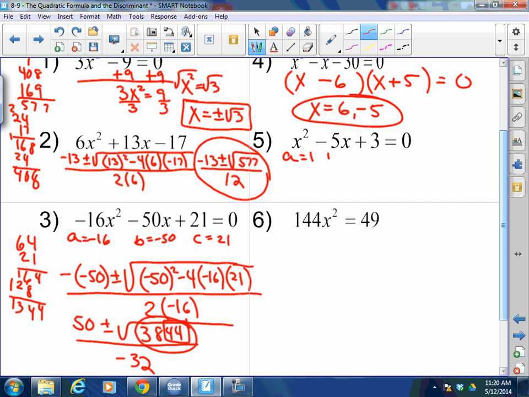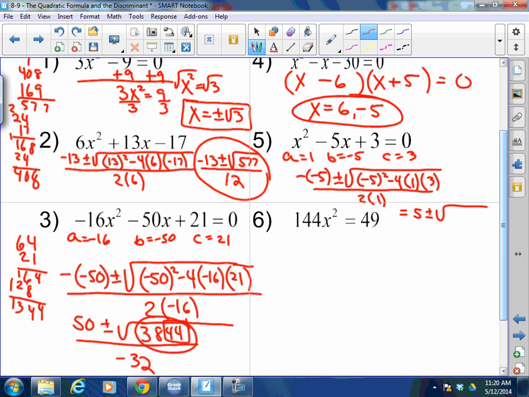A equals 1, B equals negative 5, C equals 3. So negative B plus or minus square root of B squared minus 4 times A times C divided by 2A. That's going to equal 5 plus or minus square root of 25 minus 12, which is 13, over 2. And no, 13 cannot be factored.